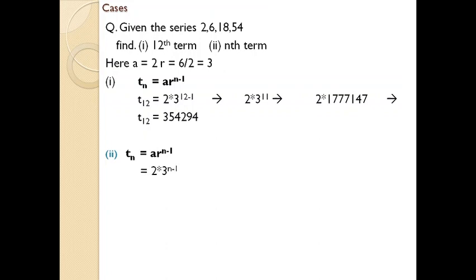Okay, let's substitute the known values. We know the value of A, and R we also know. N minus 1, we don't know n. So the answer of the second part is 2 into 3 raised to n minus 1. Just like the previous cases which we dealt with in theory of equations as well as the first part of the progression cases, sometimes you will arrive at a value in the form of an equation.